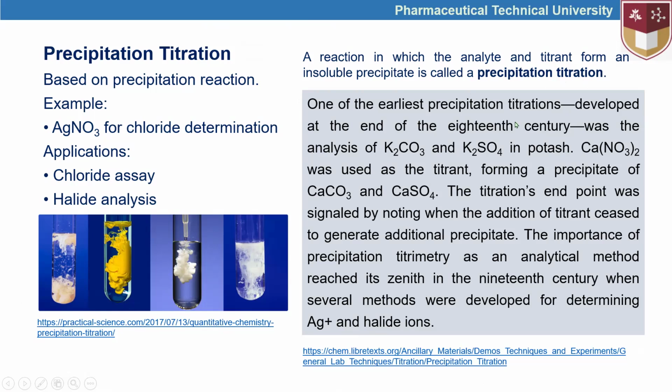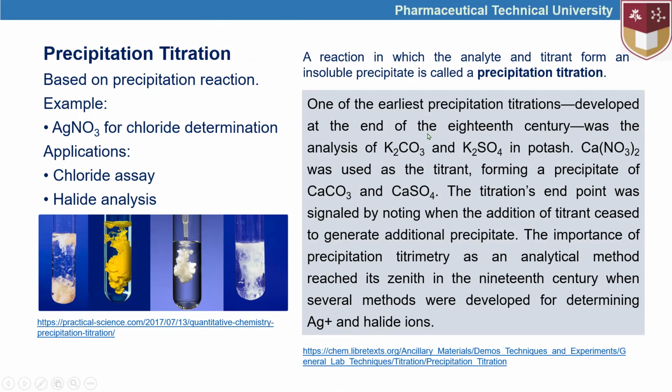Okay, one of the earliest precipitation titrations includes the analysis of carbonate ions, so potassium carbonate and potassium sulfate in potash by using, for example, potassium hydroxide.